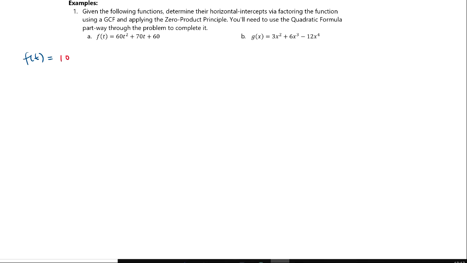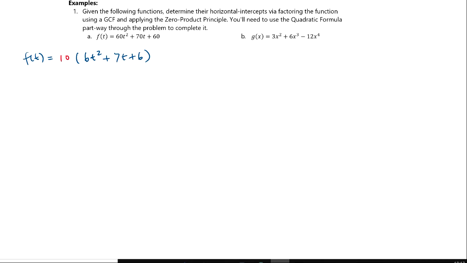In this case, because the last term is a constant term, it doesn't have a variable term. So we don't have anything that all three terms share in common with regard to the variable. So we're pretty much done with the GCF. And once we factor out 10, we're left with 6t squared plus 7t plus 6 as the result.